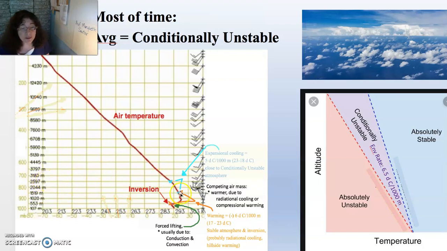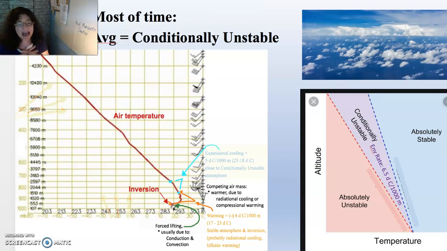We've lost from initial at about 23 degrees Celsius minus our later at about 18 degrees Celsius. That difference is about 5 degrees Celsius per 1,000 meters, well within the range between 3 and 8 for conditionally unstable. So here's our nice area here, which mimics our forced lifting for conditionally unstable.